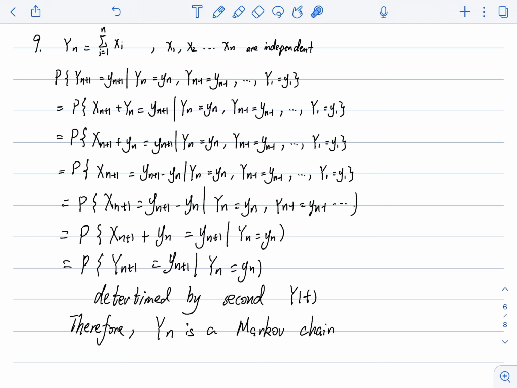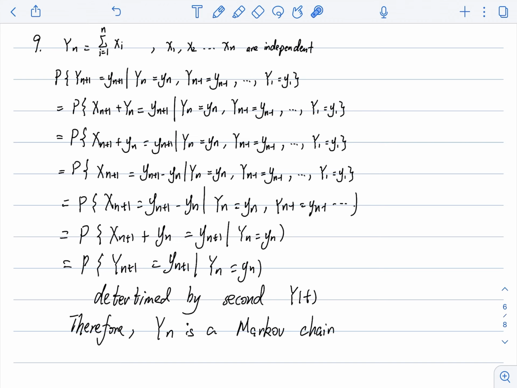Also, we get the value of the Yn from the variable Yn, that X(n+1) plus Yn is equal to y(n+1) under the condition that Yn is equal to yn, Y(n-1) is equal to y(n-1), Y1 is equal to y1.